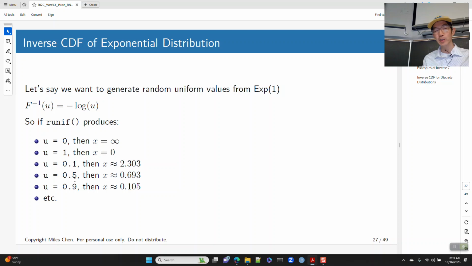This is a span of 0.4, and this is also a span of 0.4. That span of 0.4 covers a range of values from 0.1 to 0.7, and here, 40% of your values come from 0.7 to 2.3. So that's a much bigger range.